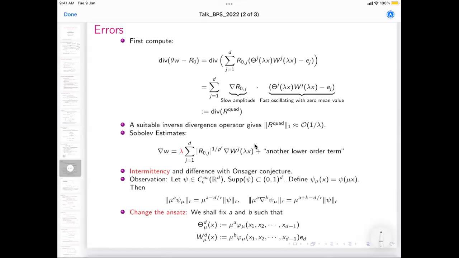I mean, it's very simple if you just forget this. Think of sine lambda x. If you take the anti-divergence, you will gain something, right? Because 1 over lambda is 1. This is exactly like this. So you will gain a factor of order 1 over lambda, and since lambda is large, you can make it small, as small as you wish. That's how it works.